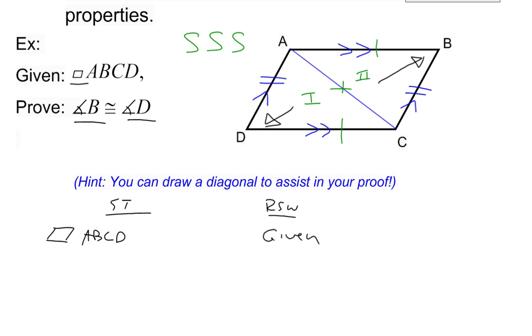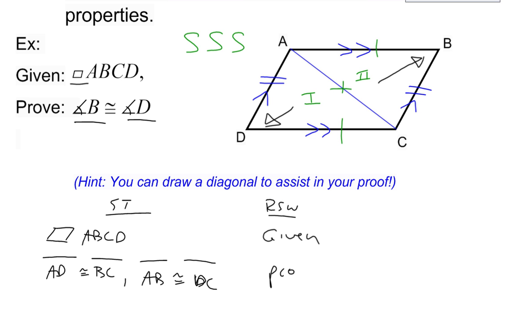Well, what do I know? Because ABCD is a parallelogram, I know that opposite sides are congruent. Remember, I want to use a property that I've just proven. I want to use a property of a parallelogram to prove another property or theorem of a parallelogram. So I can say that line segment AD is congruent to line segment BC. I can also say that line segment AB is congruent to line segment DC. Why is that?